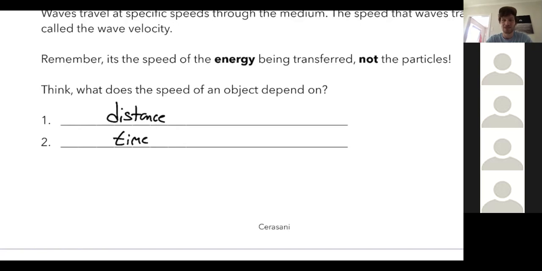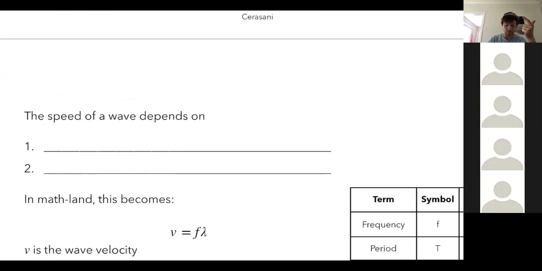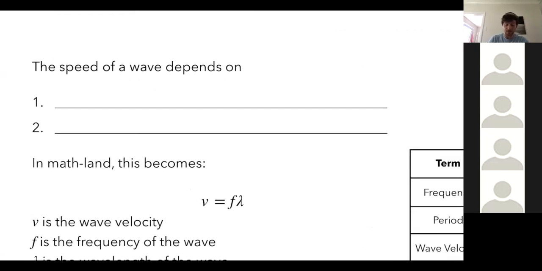Which means, what do you think the wave velocity depends on? Distance and time, maybe. Okay. But we don't deal with distances really, right? What we do deal with is wavelengths, and the time for one cycle. So it's very, very similar, right?